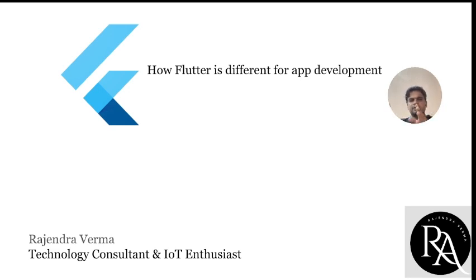For example, Android was developed separately using Java as the programming language and Eclipse as the IDE. After that, we had iPhone development using Objective-C as the programming language. We had the Windows platform, which used C sharp as the programming language.